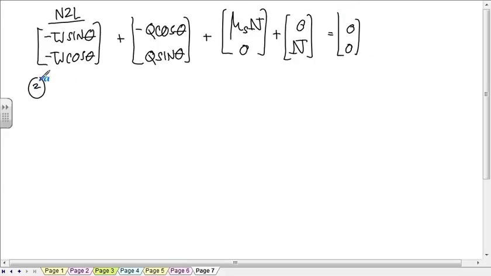So equation 2 says n is equal to positive W cosine theta minus Q sine theta.